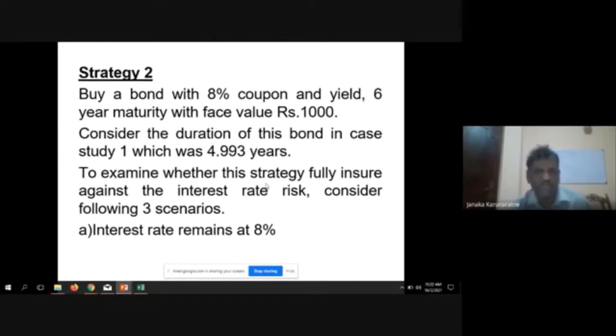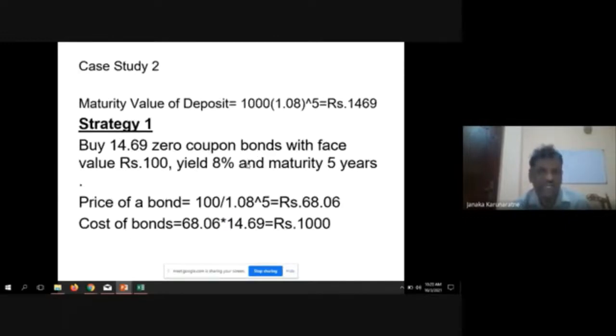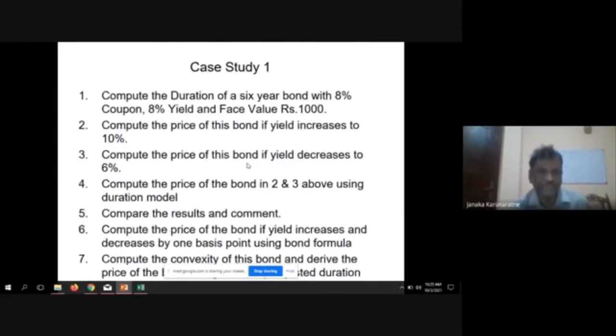Now remember a previous question, we found a bond with duration 5 years, remember? What is that bond? 5 years means almost, it's 4.993. It's almost 5 years. Remember the previous question when we worked out this particular question, what was the duration we computed?